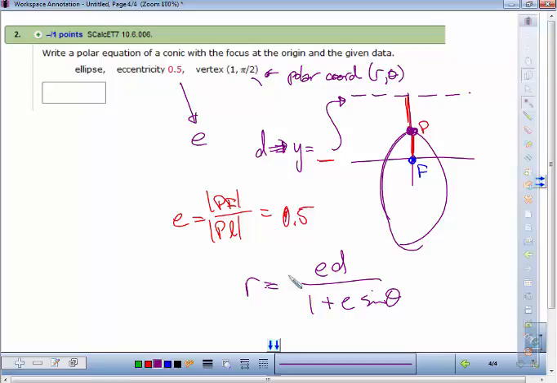Always, whether you're looking at a hyperbola, a parabola, or an ellipse. The only differences would be the distances from those points. Okay? All right, so like I said, you guys figure this out.